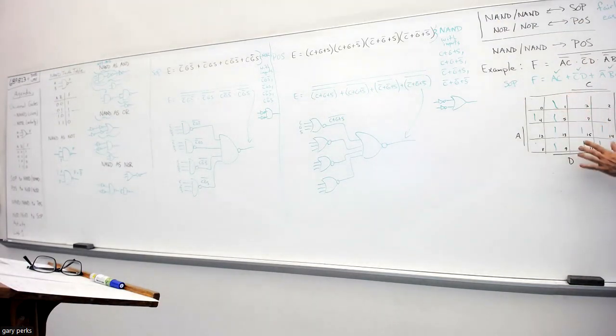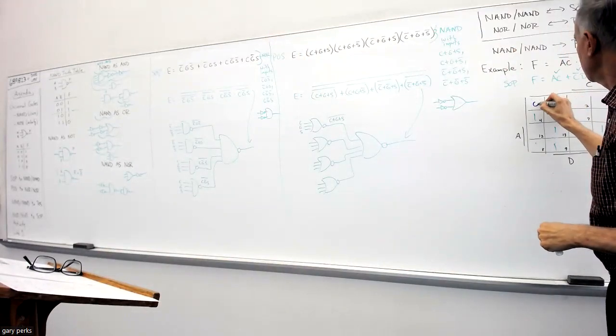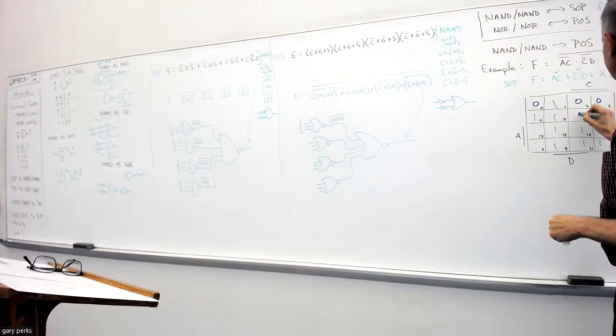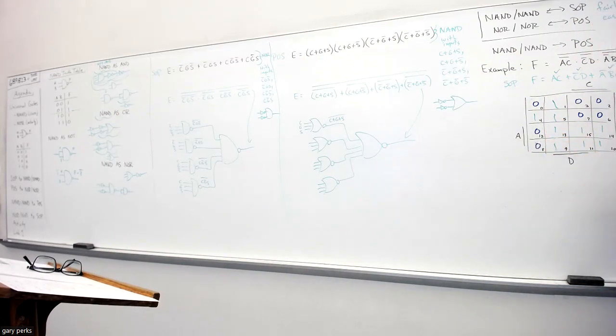So we get where the ones are in our Karnaugh map from our SOP for F, and now all the other cells are 0. These are all going to be 0. Okay, now before we go any further, let's think about again what we're doing here. We started with NAND, and we want to get POS. So since I want POS, what do I got to start with?